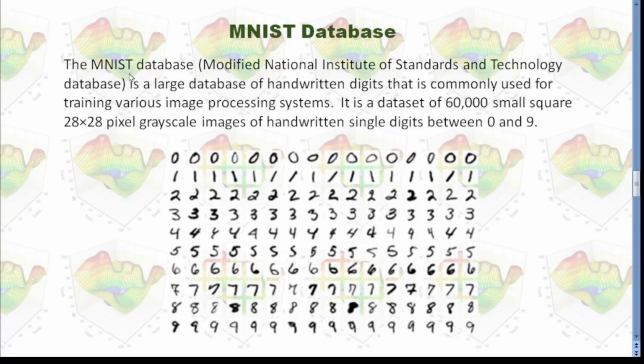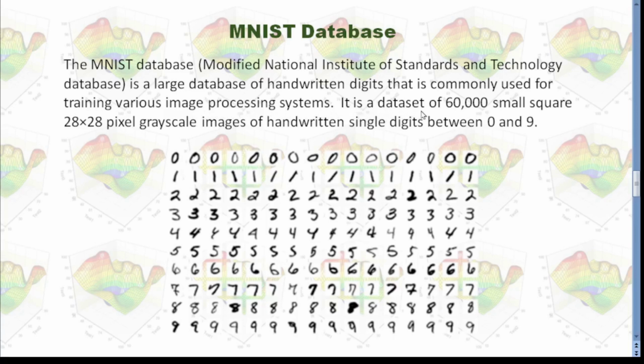MNIST is the acronym of Modified National Institute of Standards and Technology. This MNIST database is a large database of handwritten digits that is commonly used for training various image processing systems.